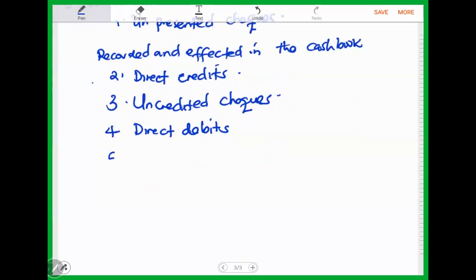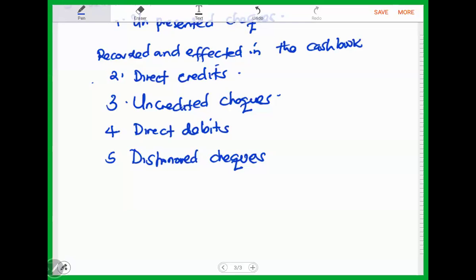Dishonored checks. Dishonored checks are checks that the bank has rejected. Either you receive the check, you take it to the bank and it is dishonored, or you issue a check to your suppliers, and once those checks are presented to the bank, they are dishonored.